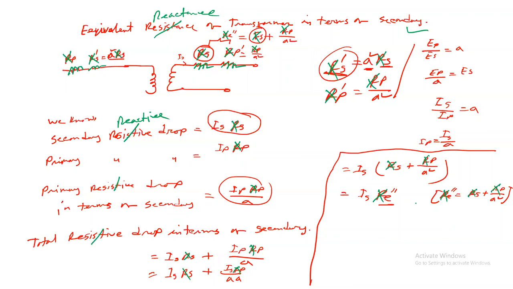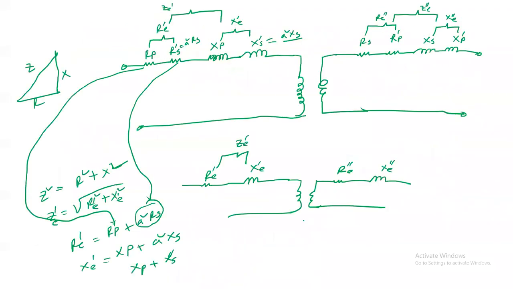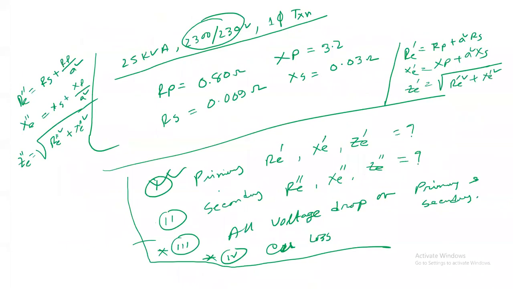This is your formula. Okay. So we solve these six. If these six are complete, then the remaining two will be complete. Okay.